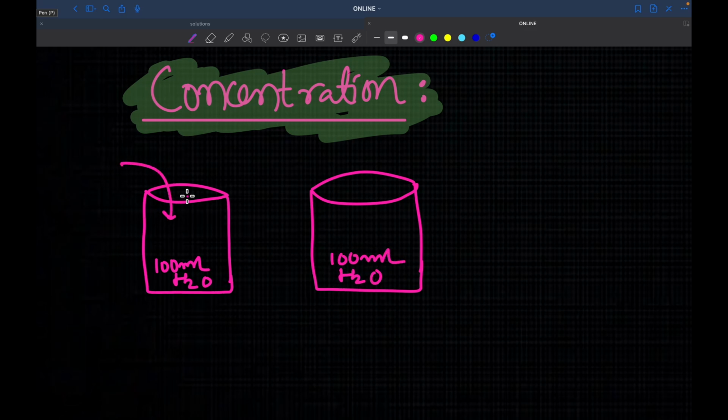In this I put 10 grams of NaCl. In this I will put 30 grams of NaCl. Tell me now, in which of these solutions is the quantity of solute more?